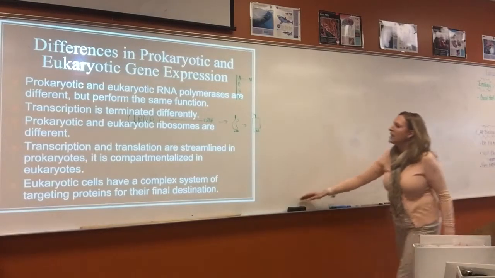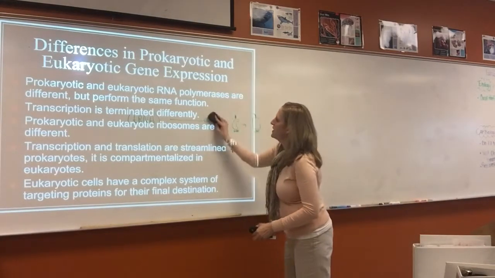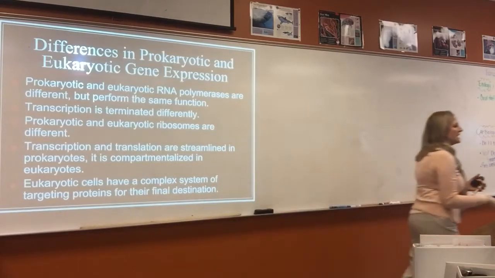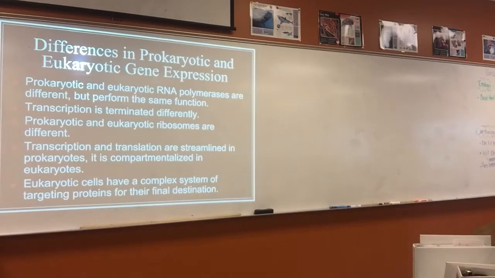So when making proteins in bacteria, prokaryotic cells, versus eukaryotic cells, there are some differences between them. Prokaryotic and eukaryotic RNA polymerases are different. So the enzymes are a little bit different, but they function the same way in that RNA polymerase makes mRNA.